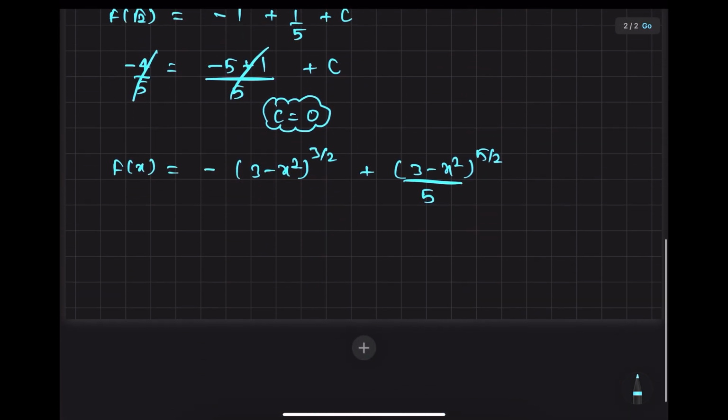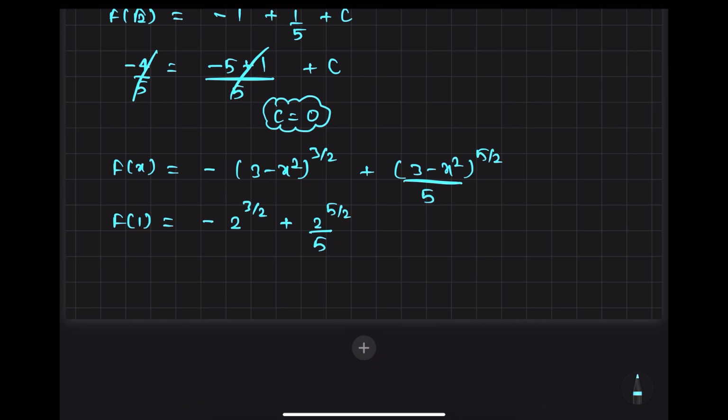Now you can replace x with 1. So f of 1 will become what? 2 to the power 3 by 2 with a minus, plus, the 1 you have to remove, so it will become 2 power 5 by 2 upon 5.